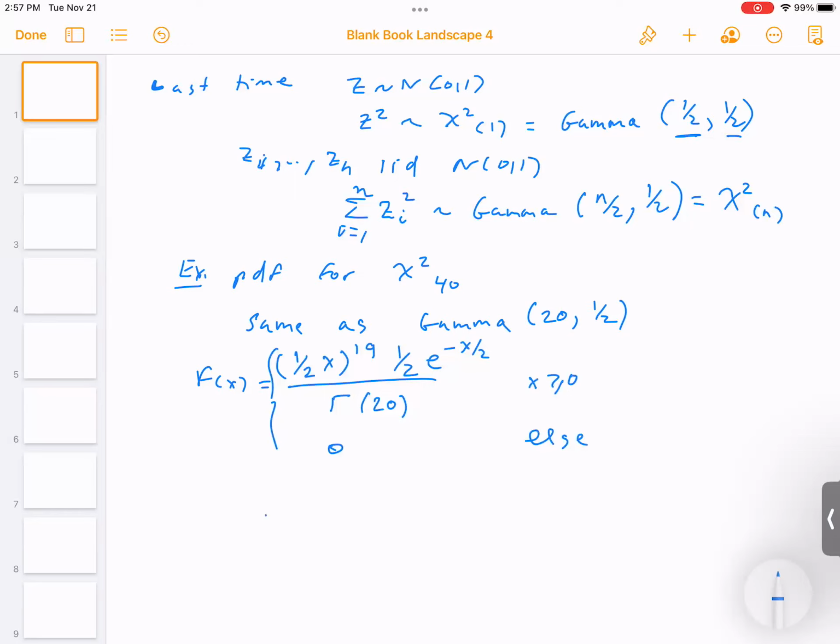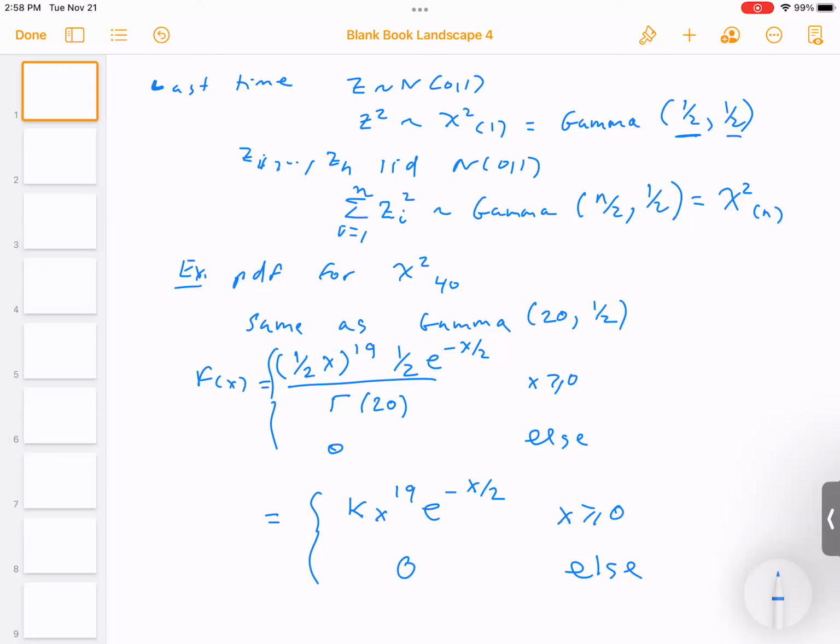Or if you want to write the nice form, with just a constant taking all the constants out front as a k, it's very short, right? You just have k x to the 19th power e to the minus x over 2. That's it. And 0 else, okay? And it's understood that that k has to be chosen so the integral is 1.